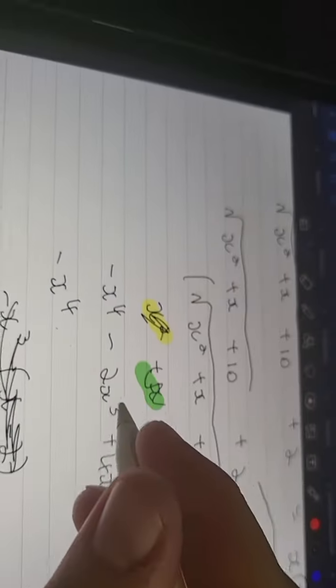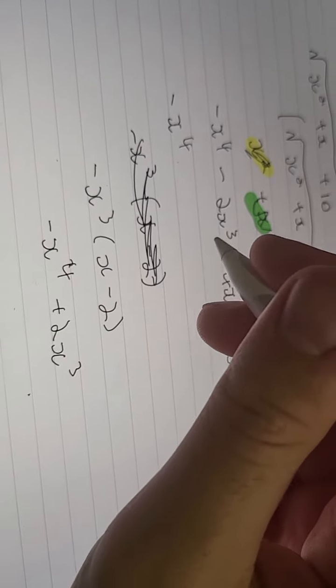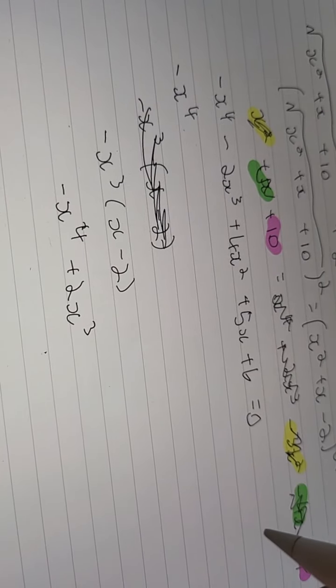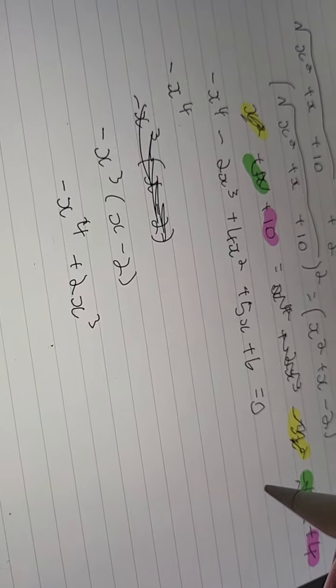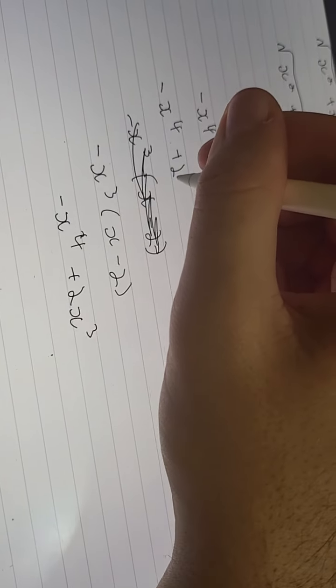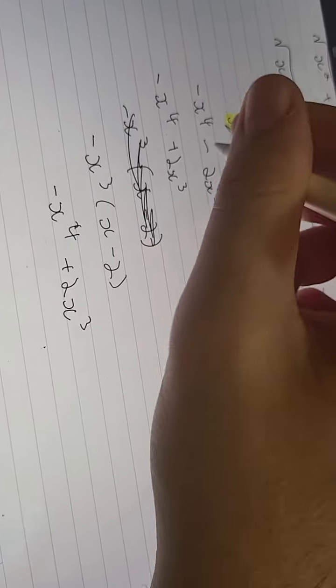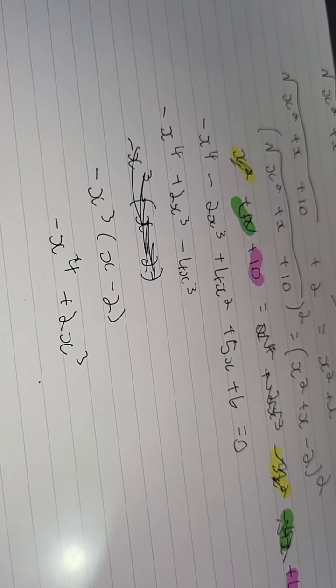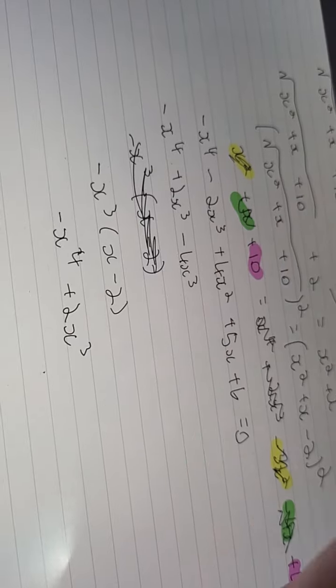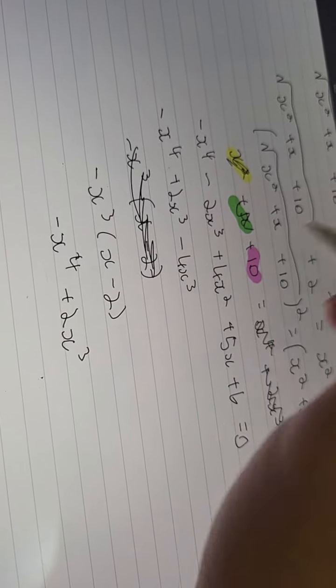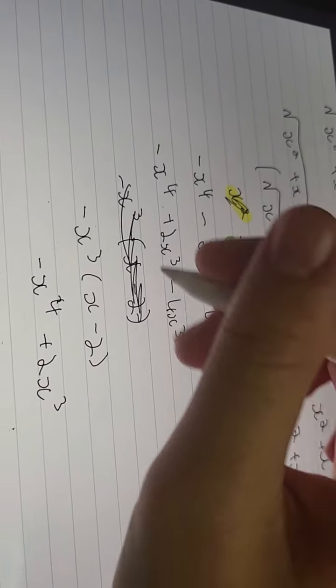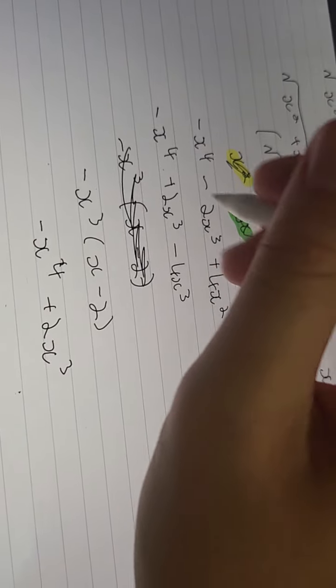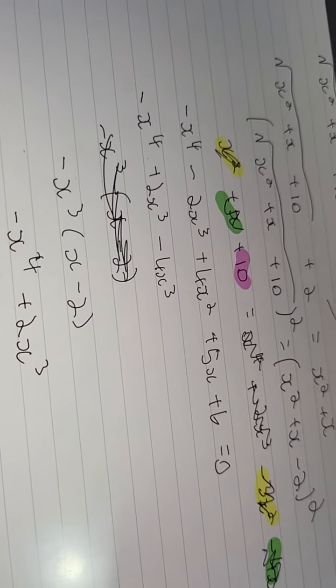Now, what we've got here is a minus 2x cubed, and we want it to be a positive. So how do we get that? Quite simply, we would have plus 2x cubed, but for it to be equal to before, we would say minus 4x cubed. Now, 2 minus 4 is equal to minus 2. So in reality, this is the exact same expression, just a little bit more verbose, right?